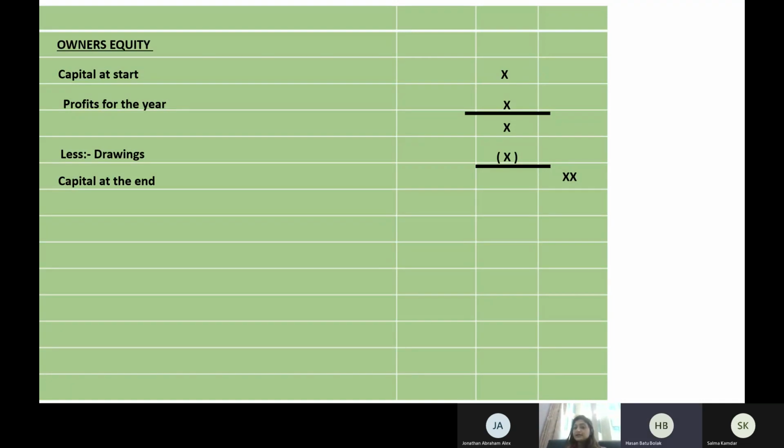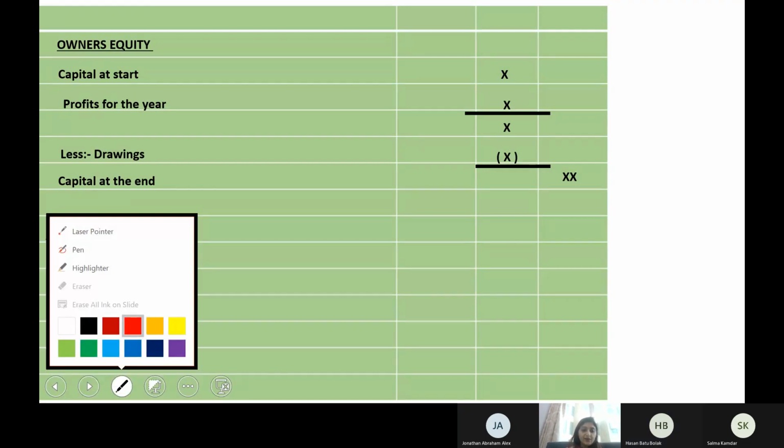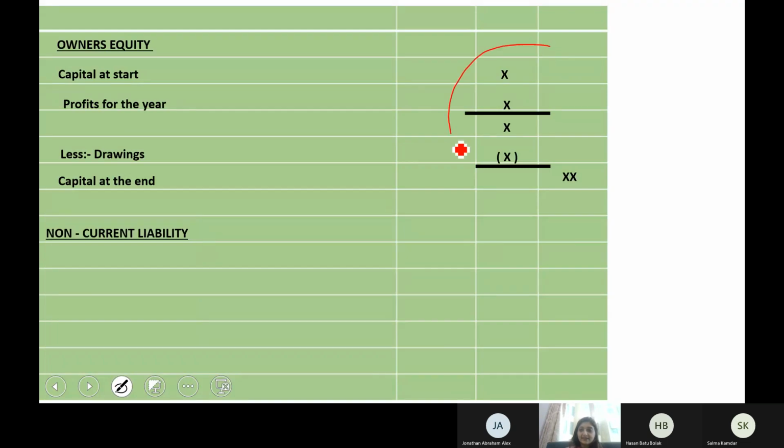Now, this is one thing I want to show you. Instead of doing this over here like this, we also have an option to make a capital account. Which account I'm talking about? Making a capital account. You all know how to make a capital account, right?